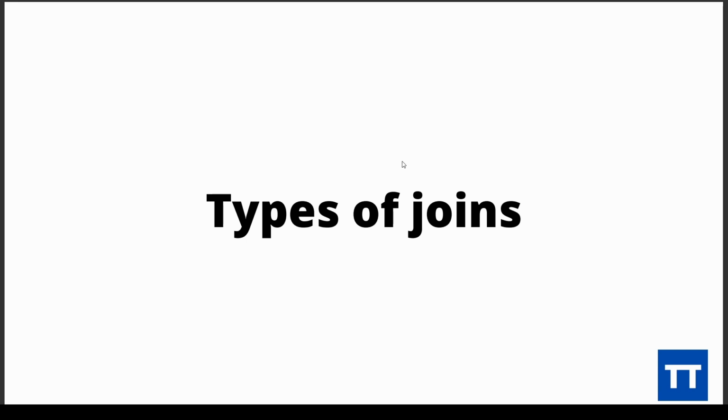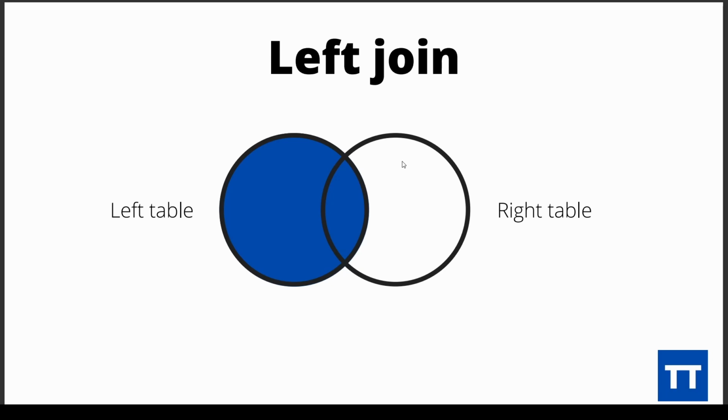So first off, what we have is a left join. And the left join requires two tables as every join. We have the left table and the right table in a join. So the left table, in a left join, when we do a left join, all the rows that are returned are all rows from the left table plus the information from the right table where the join condition was successful.